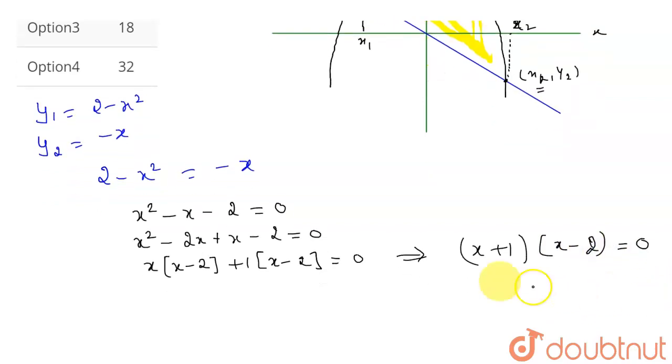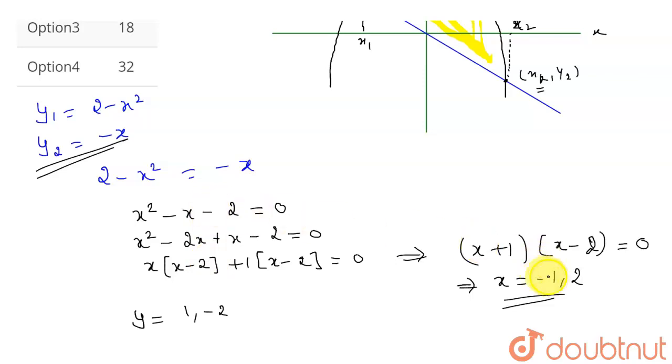So from here I am getting the abscissa of the points of intersection as x is equal to minus 1 and 2. As I told you earlier, I can find y by substituting here. Let me find it also. From here I can find this y2. So y will be minus x, so it will give me 1 comma minus 2.